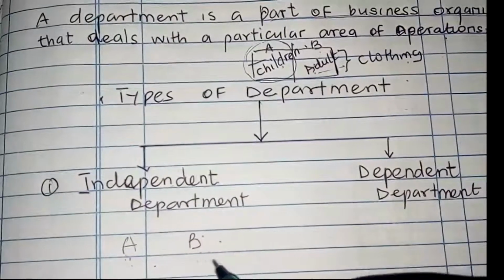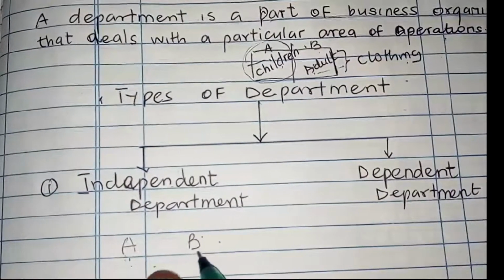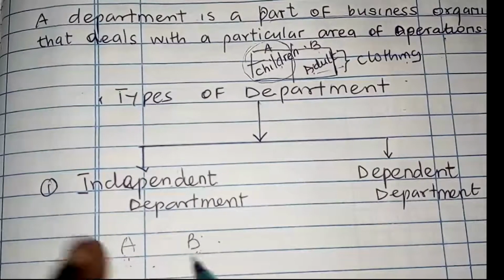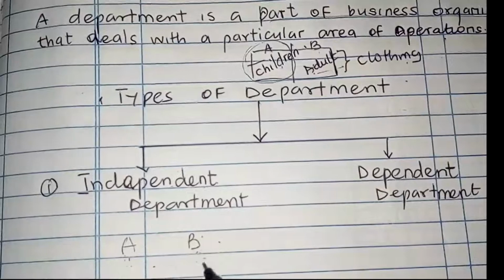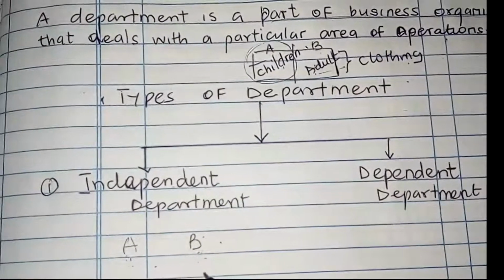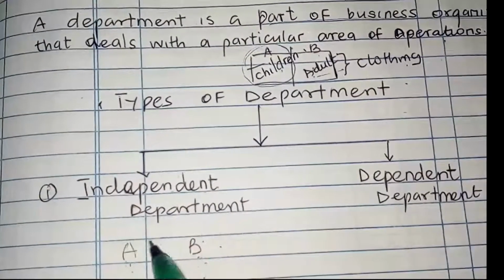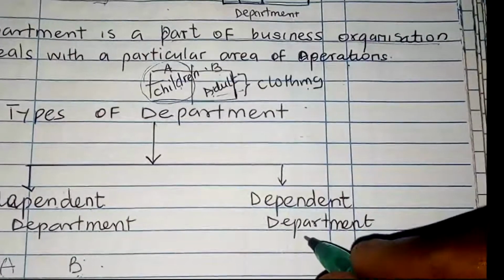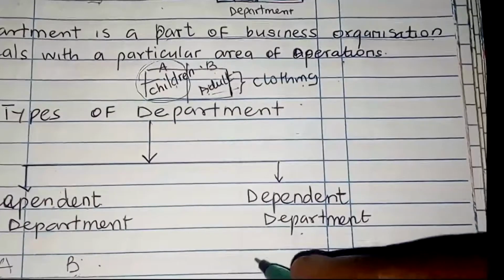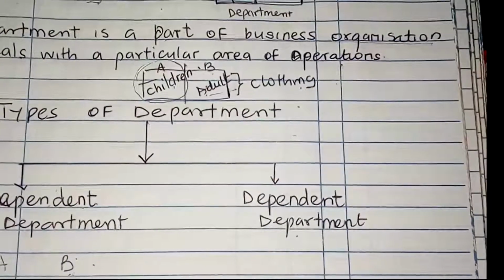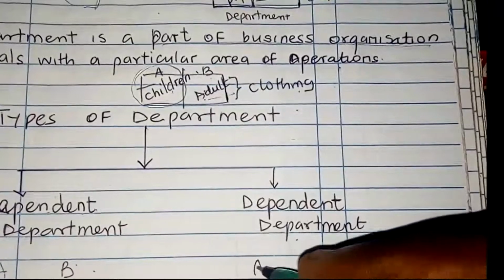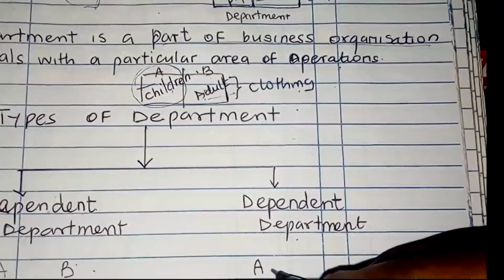Now let's look at the advantages of departmental accounting. Number one, determination of profitable and unprofitable departments. So when you have departmentalization or departmental accounting, it helps to determine the profitable and the unprofitable departments.